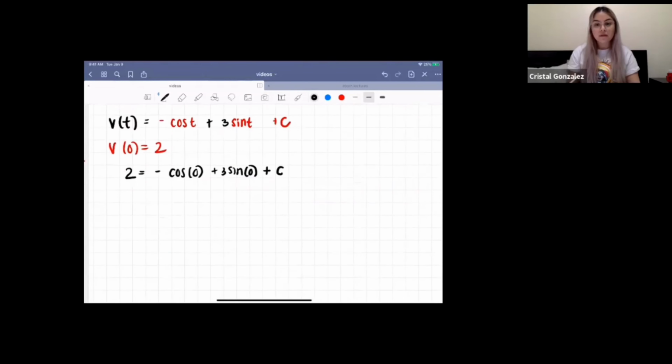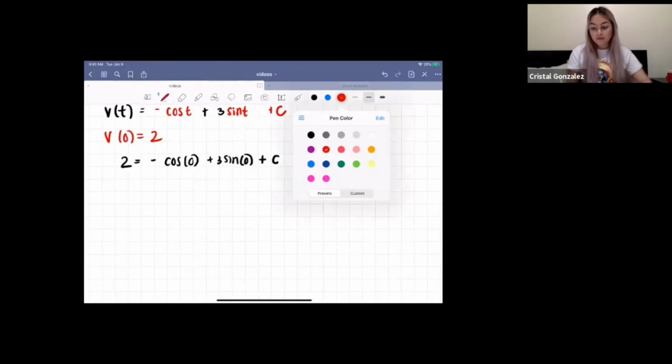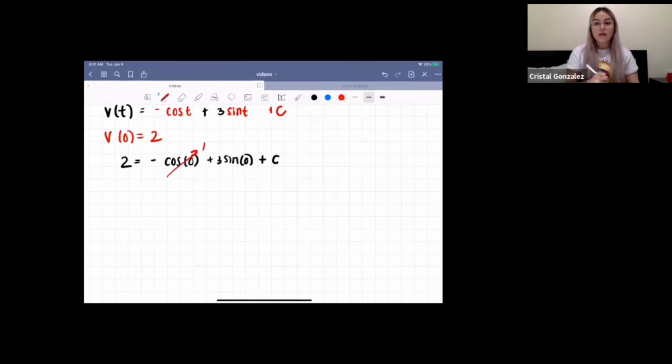Okay, so now what we want to do from here is just solve for c. So cosine of 0 is just 1, and then sine of 0 is just 0.